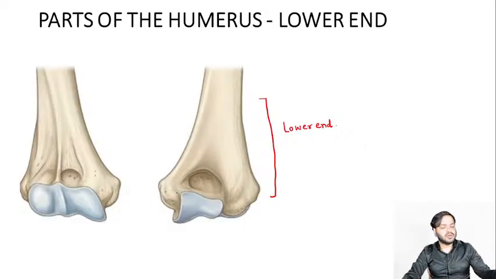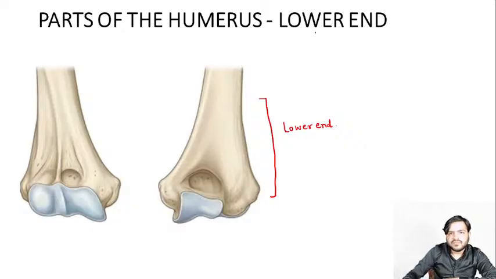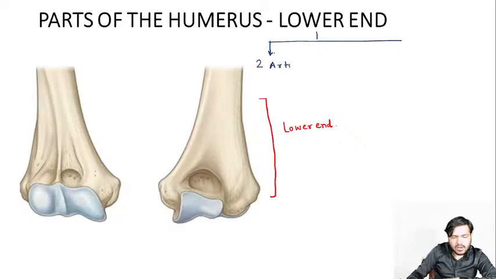Now coming on to the lower end of the humerus, and divide the lower end now, guys, into three parts majorly. We have the two articular parts, that will be involved in the formation of joint.